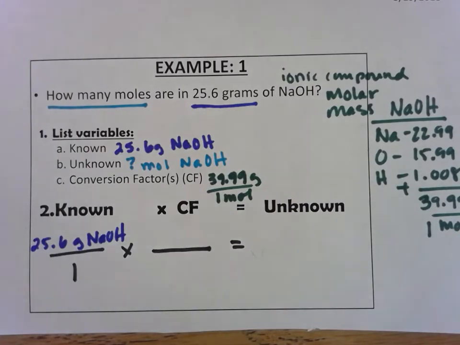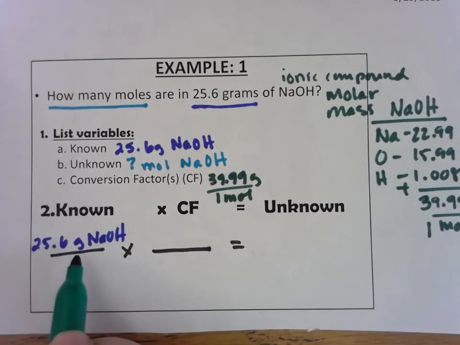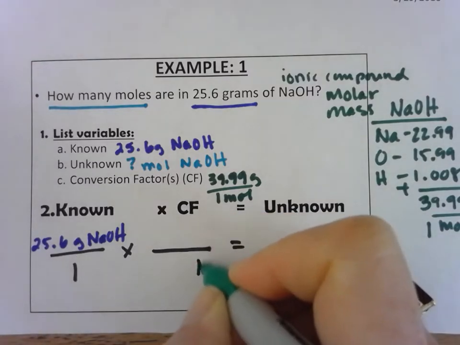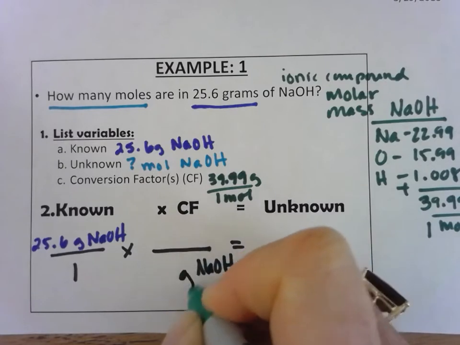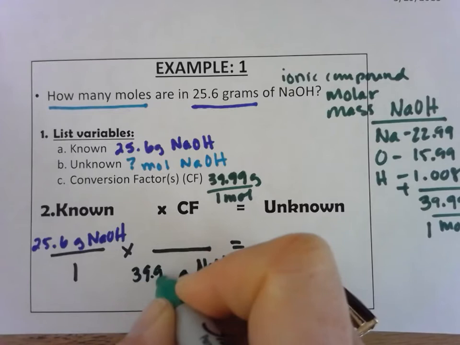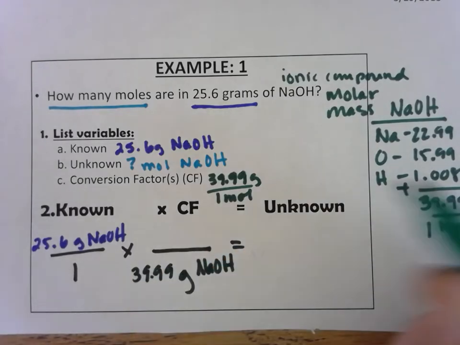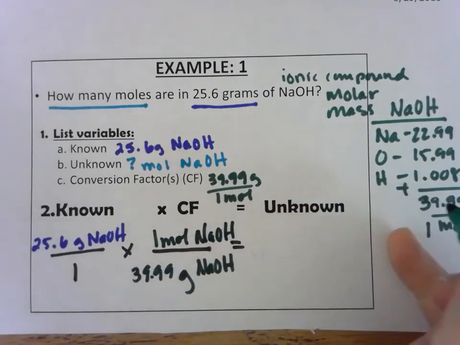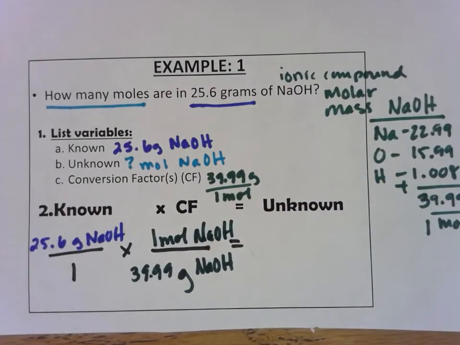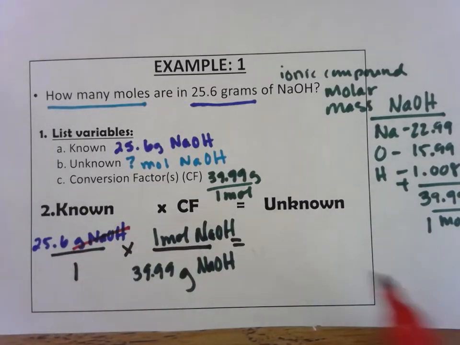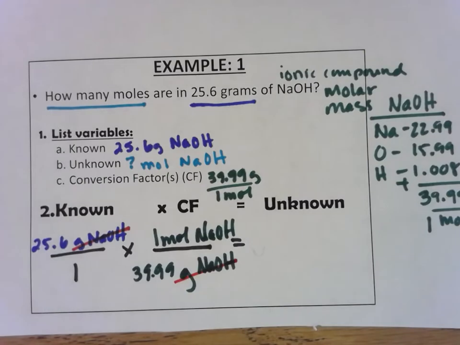So I have a grams here, right? Therefore, I want to put the grams on the bottom. So there's the grams, and the number that goes with grams, I'm going to bring it along. On top is going to be whatever is left over. Okay. Now if I take a look at this, grams of sodium hydroxide cancel, and I'm left with the unit that I'm looking for, which is moles.